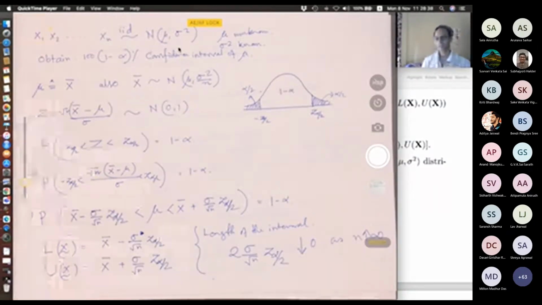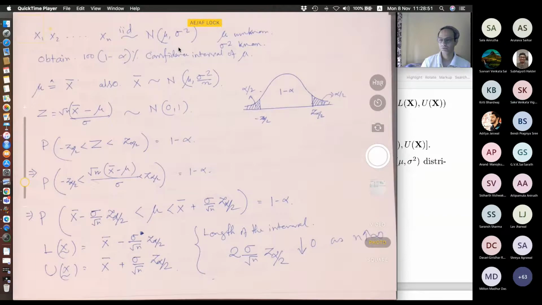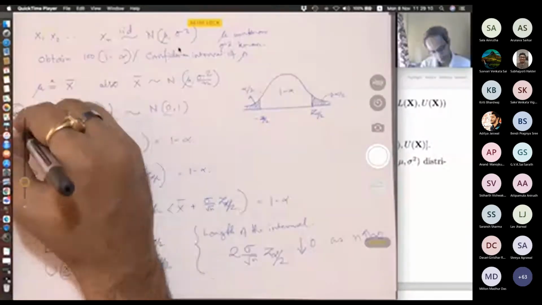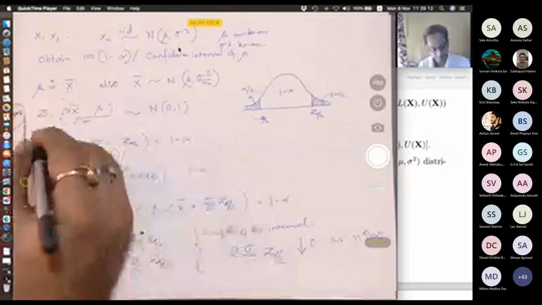Now, tell me if you have any query here. Any query? Any doubt? This standardization is often known as pivoting. So making the distribution free from parameters.